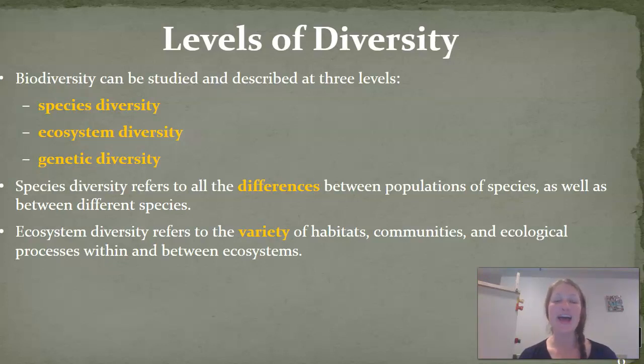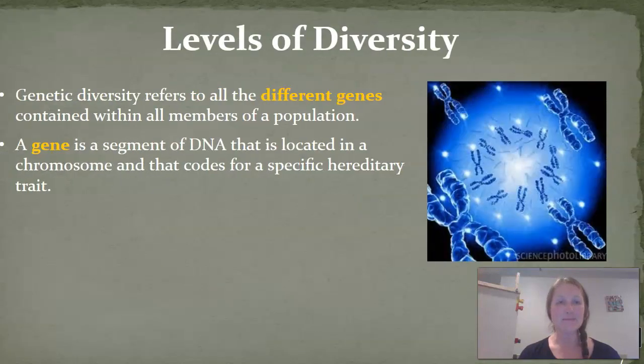Okay, and then ecosystem diversity is a little bit different. We're looking at the variety of habitats, the different communities, different ecological processes, which organisms are utilizing the water cycle, the nitrogen cycle, the phosphorus cycle. Okay, so those are all things we look at with ecological processes. When we look at genetic diversity, we are looking at the genes contained within all members of a population. So hopefully from biology, we know a gene is a segment of DNA that's located on a chromosome, and it codes for a very specific hereditary trait.